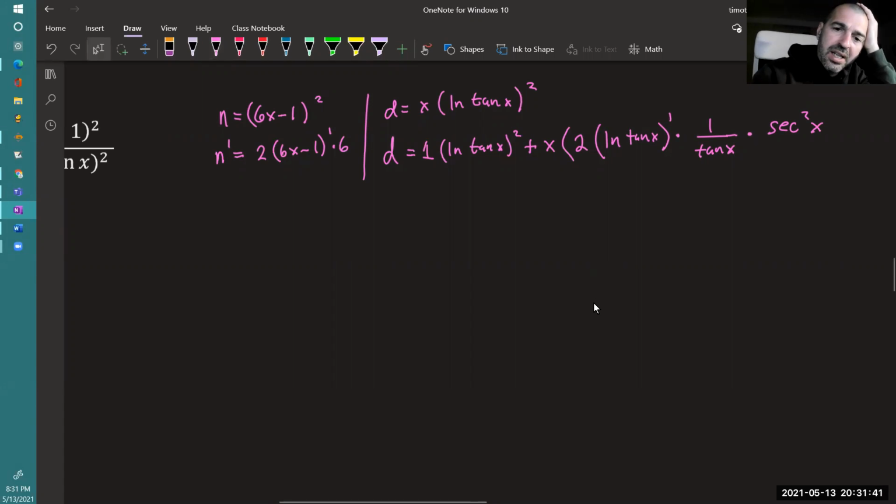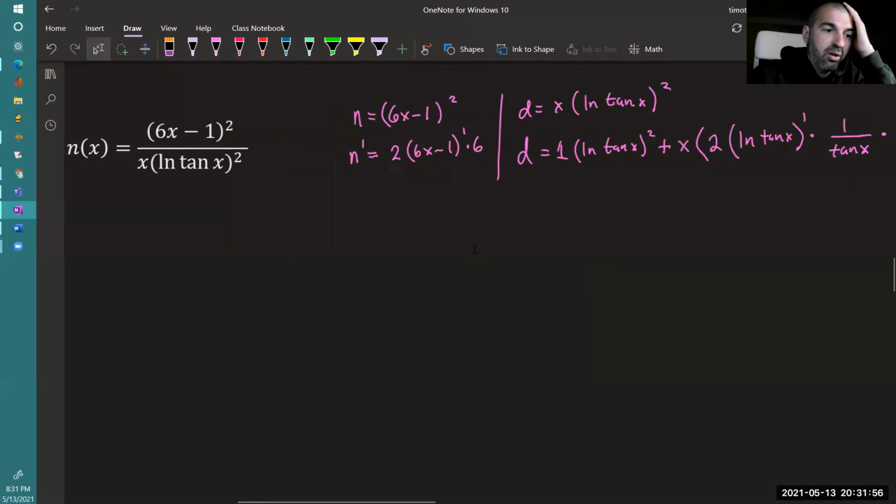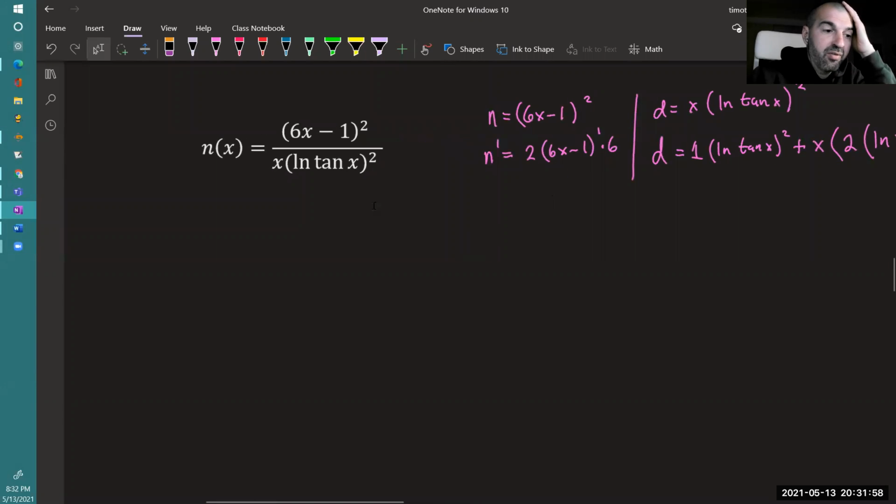And then I can close out my parenthesis here. That was a wild power rule, then a natural log rule, and then a trigonometry rule right there. Now I haven't even taken the derivative of n.